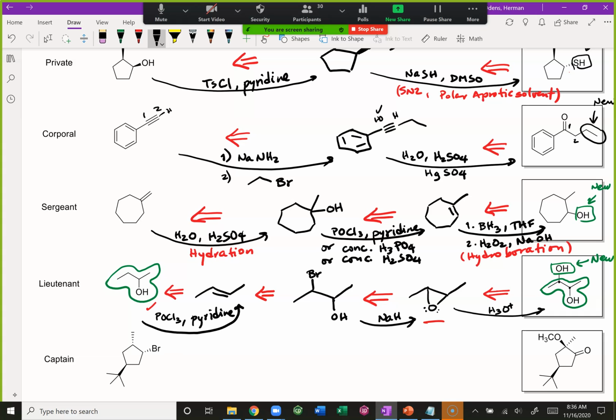Or you can use concentrated phosphoric or concentrated sulfuric acid, either one. Going from here to here is a halohydrin, and you use bromine in water. All right, and you finish this synthesis.